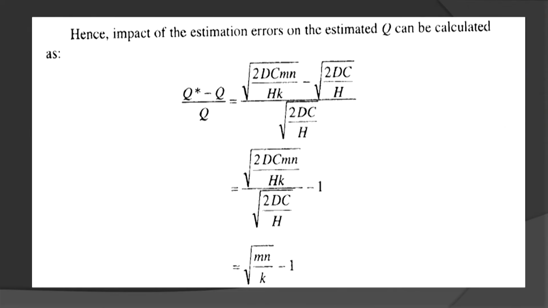This becomes the final model, and if you use it you will be able to find out how much error there is in estimating the economic order quantity, and that will help us understand whether it is worthwhile to use the EOQ model, or whether it has become obsolete and we should abandon it.